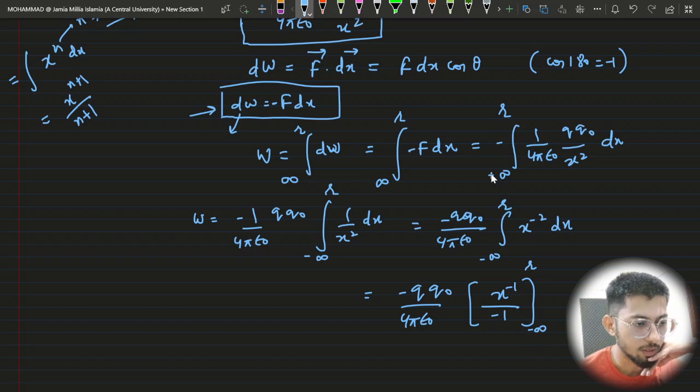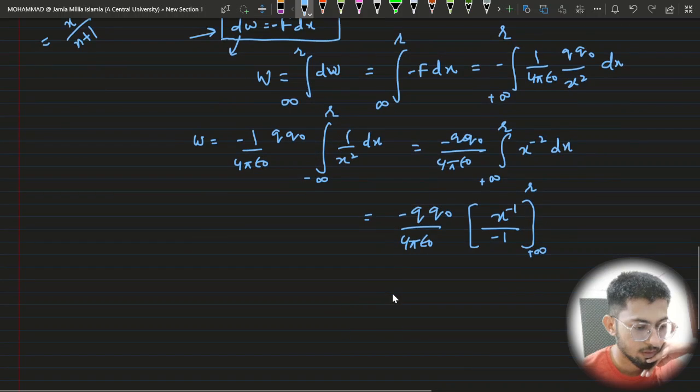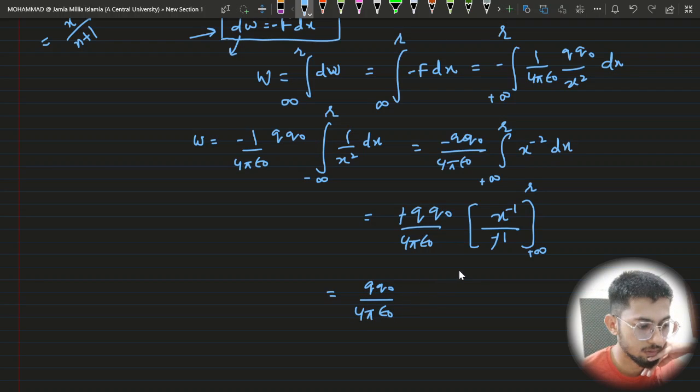Oh, that's plus infinity. So this minus gets cancelled. Okay, so q naught upon 4 pi epsilon naught, this is 1 by x to the power minus 1.